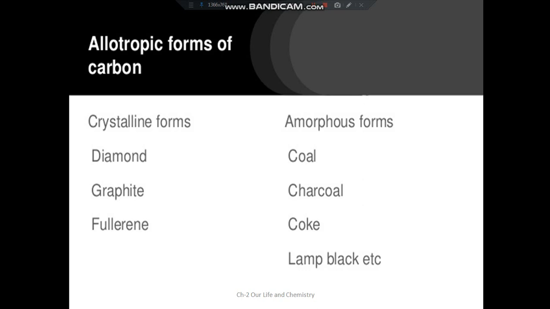So in the last lesson we were discussing the allotropic forms. Now I was explaining what basically allotropic forms are. I gave you the example of the element carbon, which occurs in different allotropic forms. What do we mean by different allotropic forms?